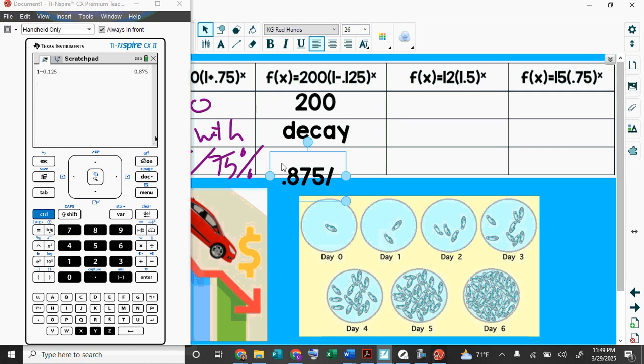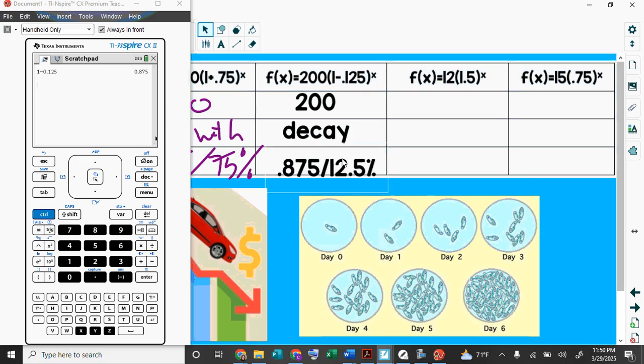But then that as a percentage is by how much did I go down? How much did I decay? Well, I decayed 12.5%. So my decay factor was 0.875, but what percent did I go down? That's the same percent.